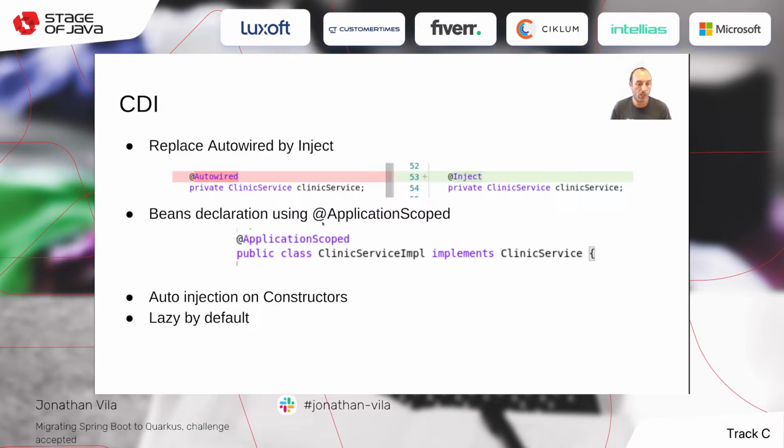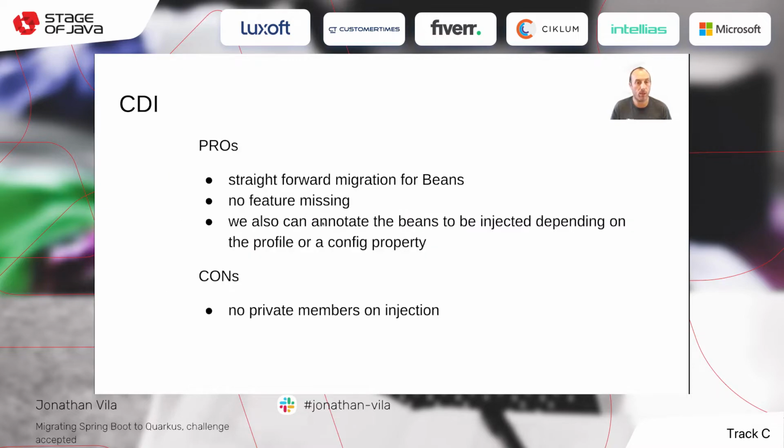It has auto injection on constructors and it's lazy by default, which is very convenient. I didn't find any big issues with this migration, and we can also annotate the beans to be injected depending on the profile or a config property that is being used. So it's very easy to migrate, and there are no private members on the injection, so at least they have to be package visible.